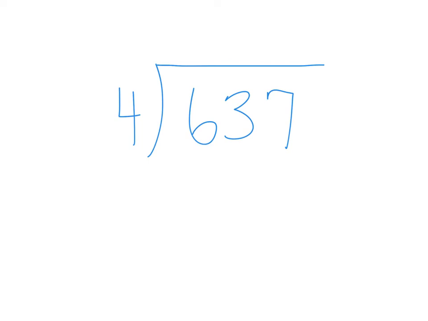I am trying to see how many, I'm dealing with 4s at this point. I'm thinking about my facts of 4s, and I'm thinking, okay, I want to really break this down into how many times can 4 go into 637. And I'm not going to try to sit there and count up by 4s all the way to 637.